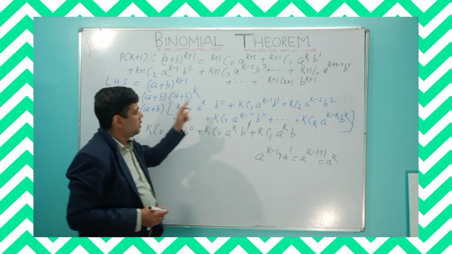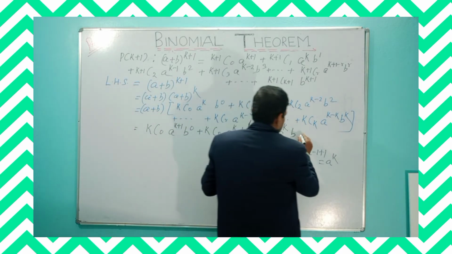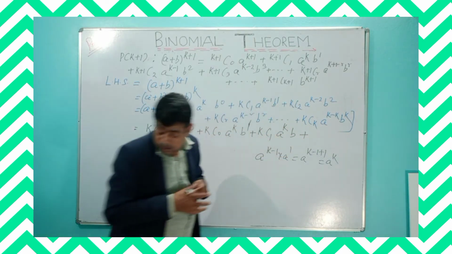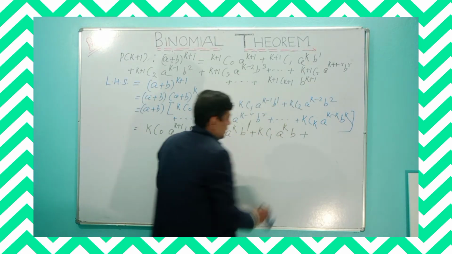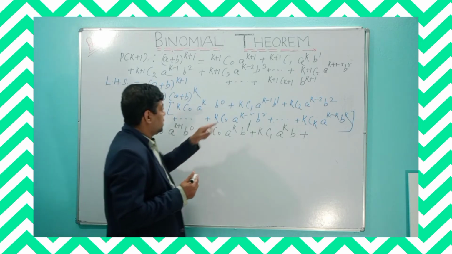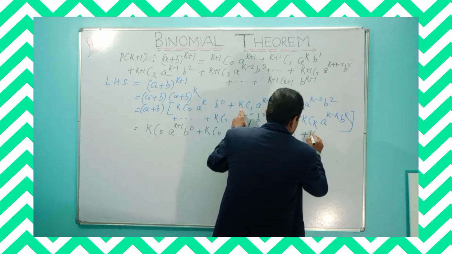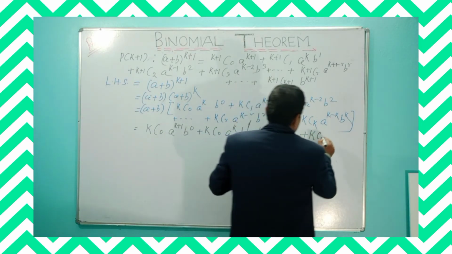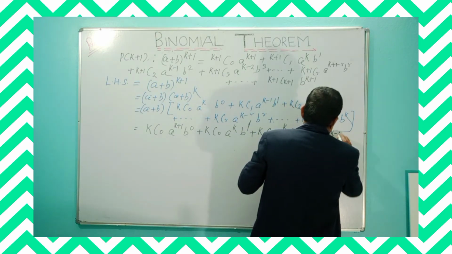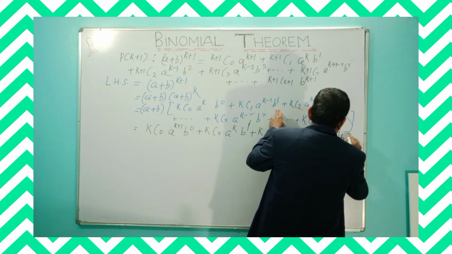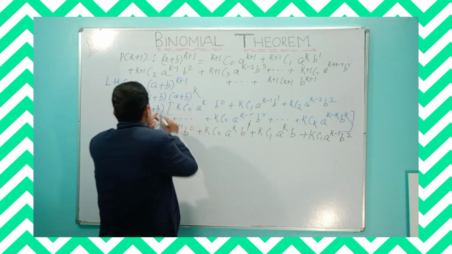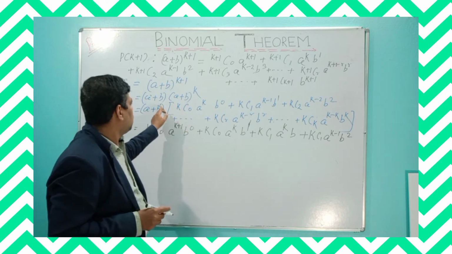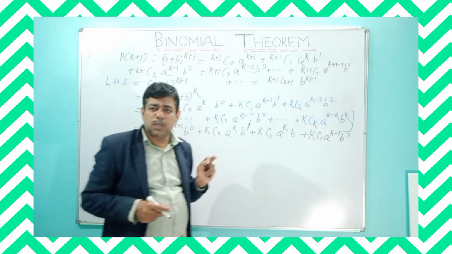Similarly, again b is multiplied with kc1. Note down carefully. Again you see kc1 a to the power k minus 1 and b to the power 2, because here the power of b is 1, so b to the power 1 plus 1 will be 2.